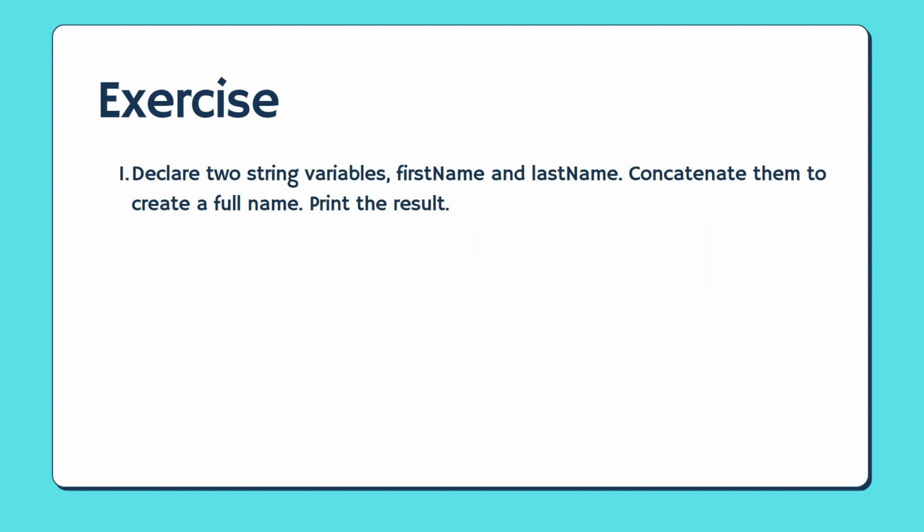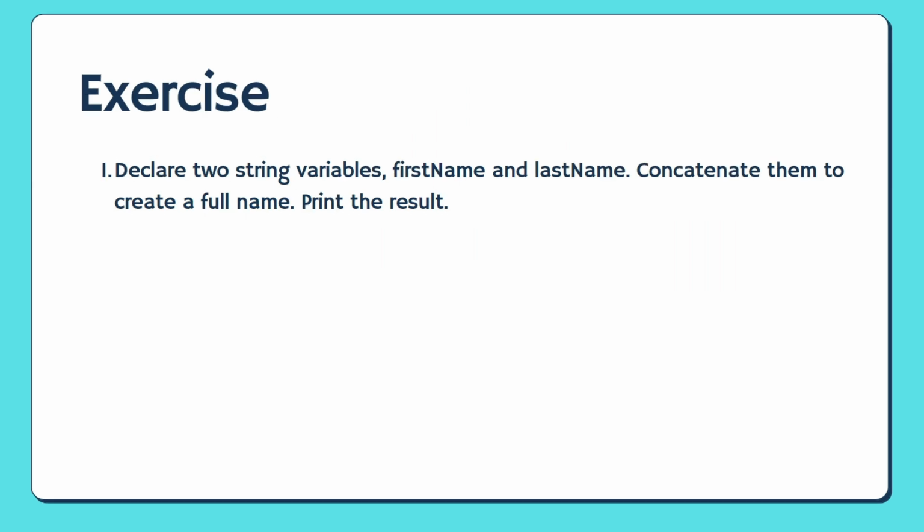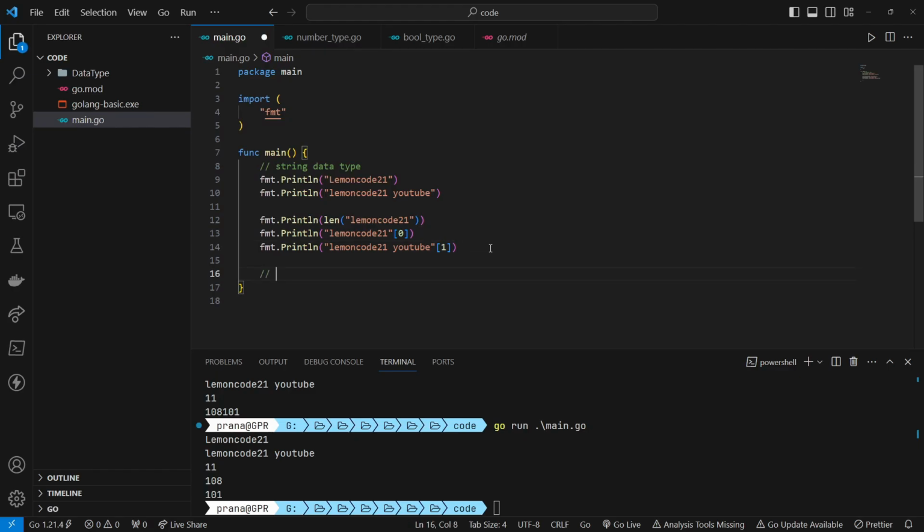Exercise. Number 1. Declare two string variables, first name and last name. Concatenate them to create a full name. Print the result. Now, let's answer the questions from the exercise.